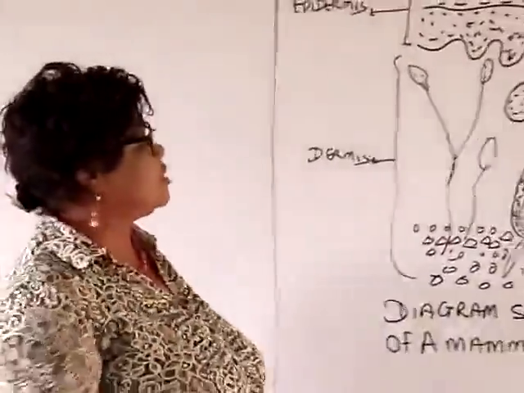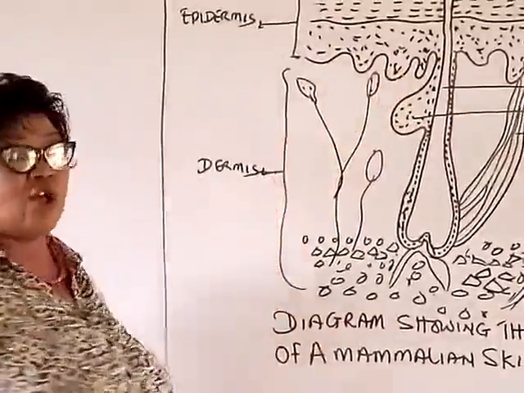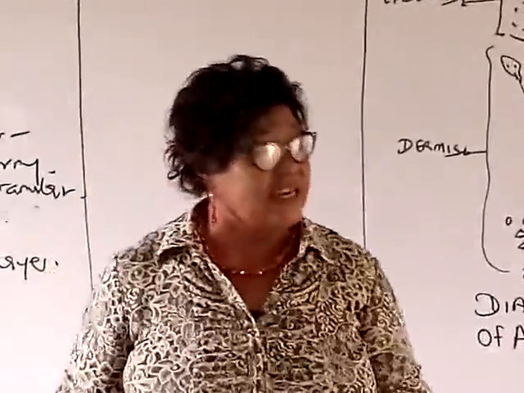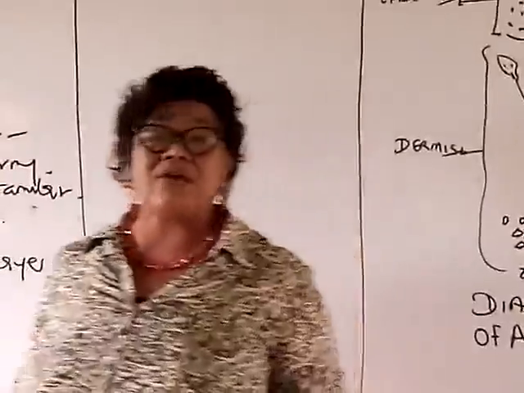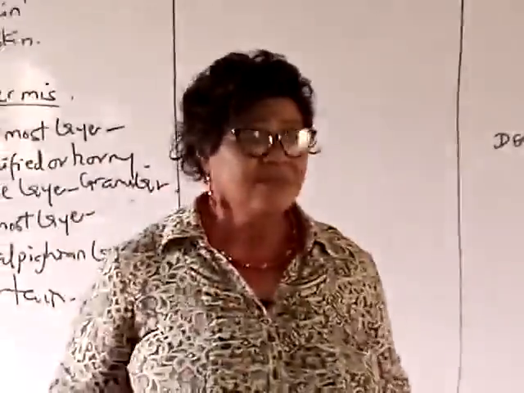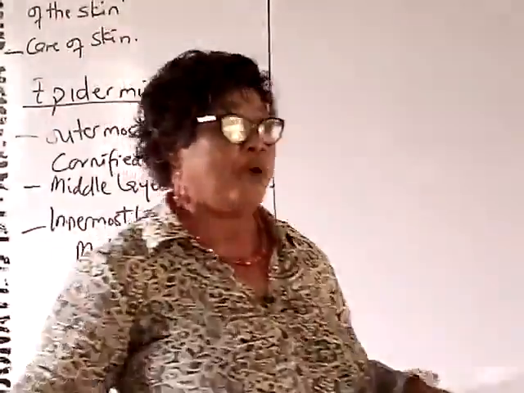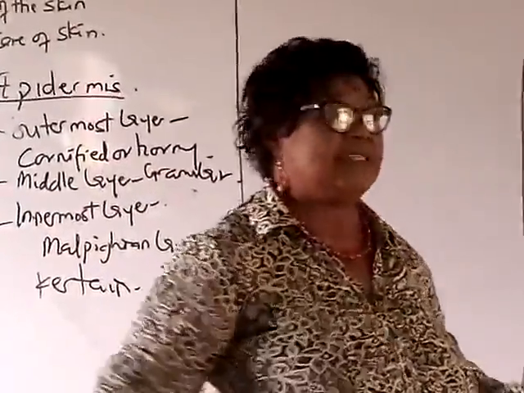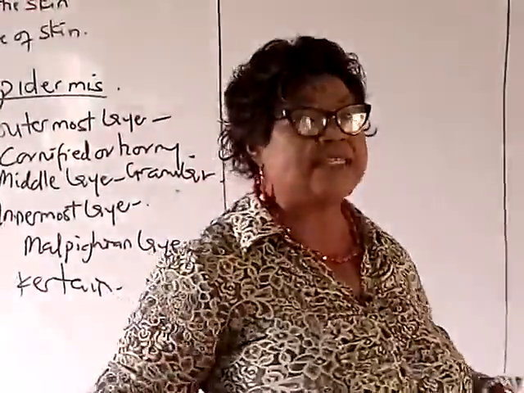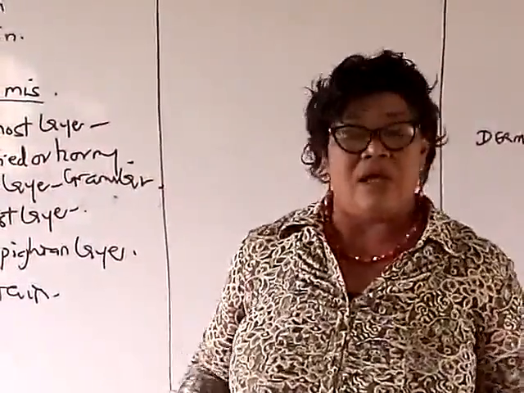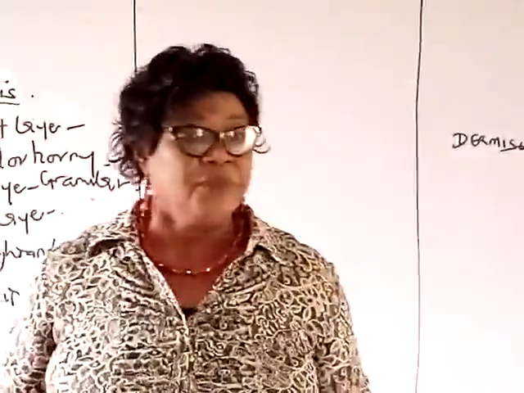Now that leads us to the last one here, the bottom layer that makes up the epidermis, which we call the Malpighian layer. Now the Malpighian layer consists of living cells. And not only that, they are constantly dividing to replace the worn-out tissues around the cornified layer.